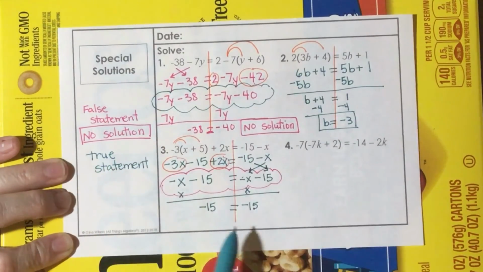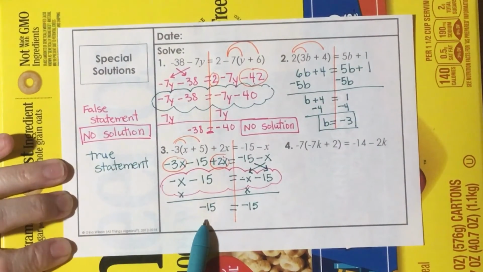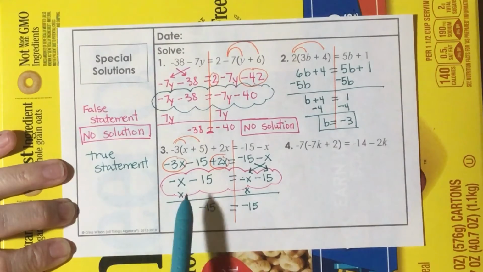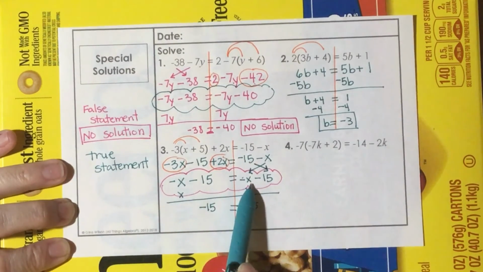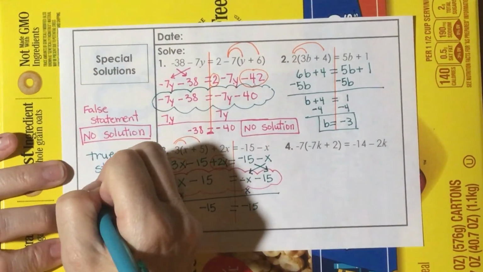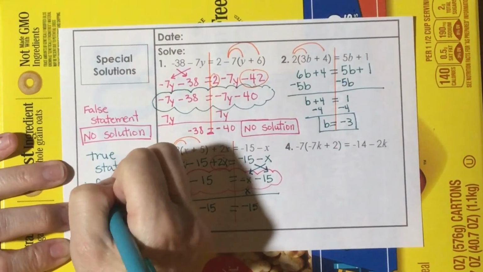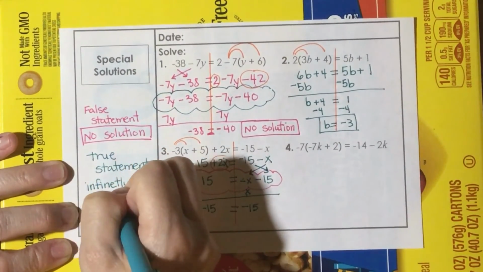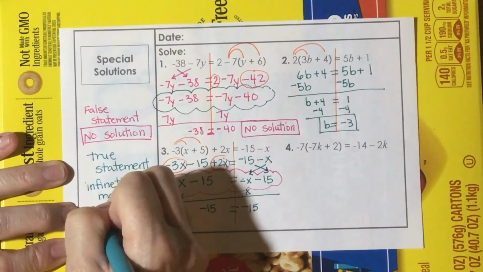And whenever you have a true statement, you have infinitely many solutions. We could literally put anything in for x, and it would work because it's going to be the same problem done twice. Okay, so we'd write infinitely many solutions.